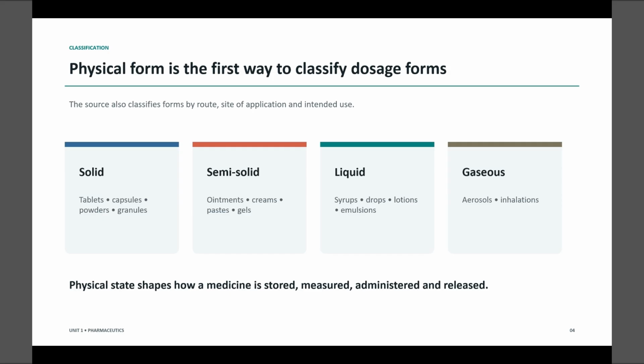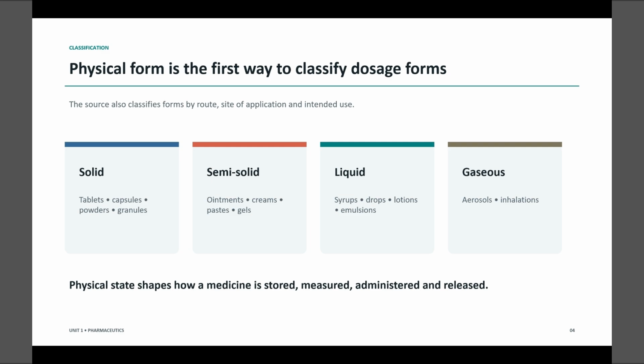Now we are going to see the classification of dosage forms. The first category is physical form. Based on the physical state, such as solid, semi-solid, liquid, and gaseous, we have different dosage forms.